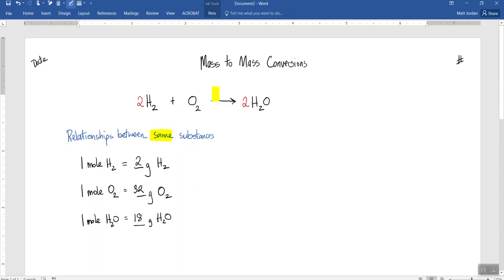But from the balanced chemical equation, you could also make relationships between different substances, and that's where we use the mole to mole ratio.